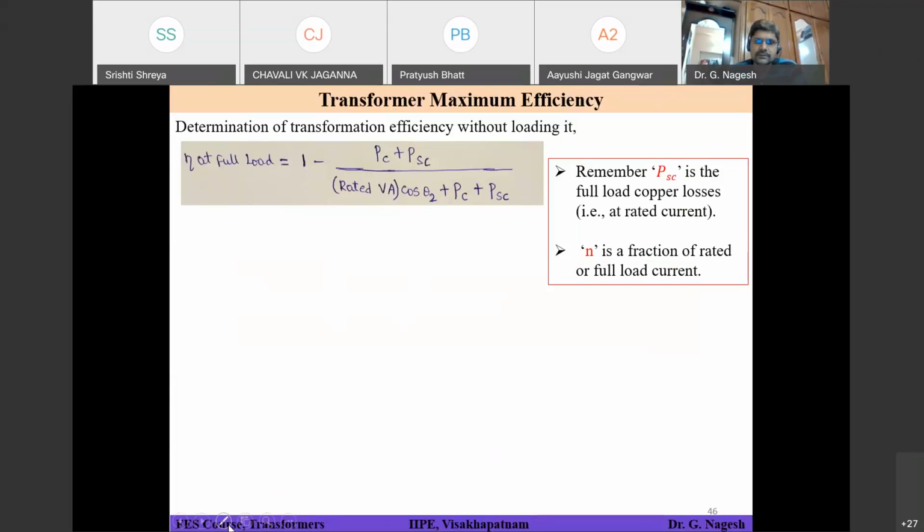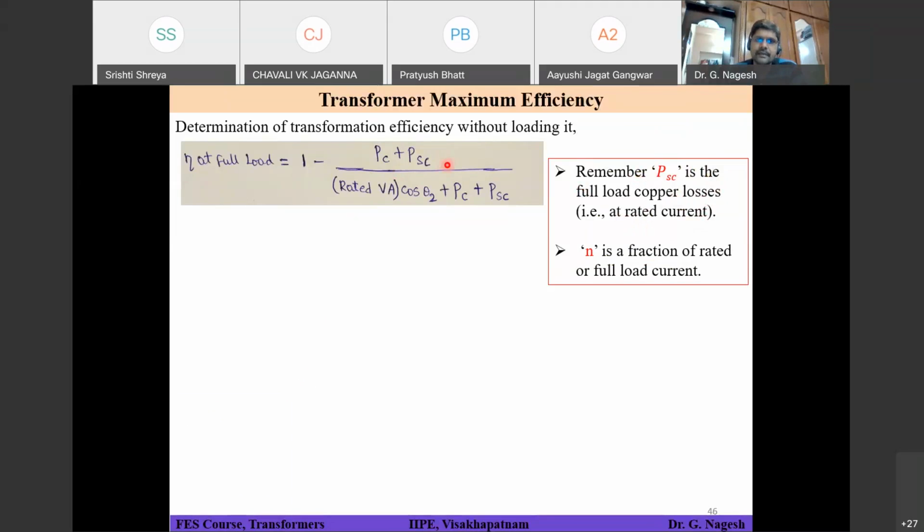PC indicates the core losses in the transformer, which are usually constant from no load to full load. PSC is the full load copper losses. Copper losses, ohmic losses, or I square R loss all mean the same. So at rated current, that means full load current, the copper losses are denoted as PSC.